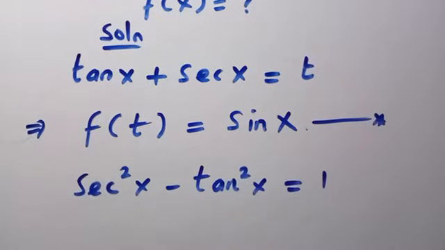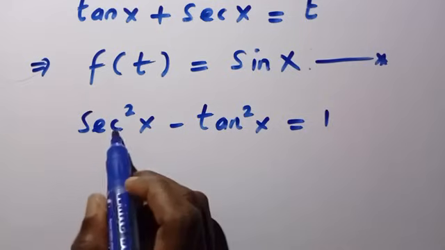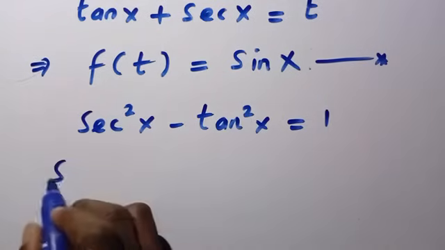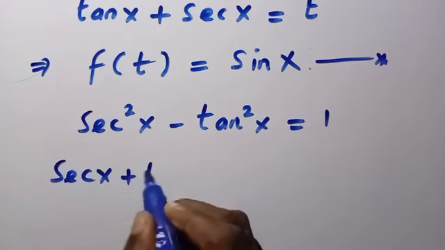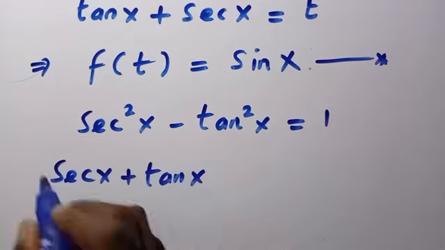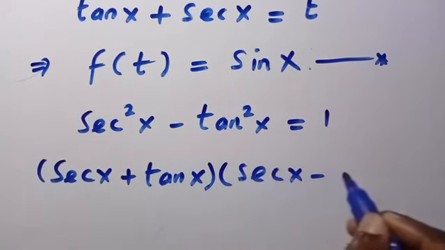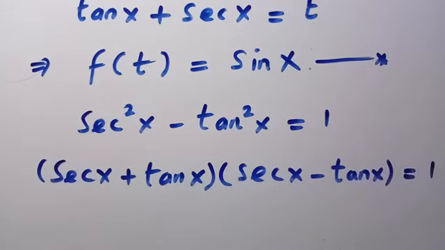From this identity, the difference of two squares, sec square x minus tan square x, is the same thing as sec x plus tan x multiplied by sec x minus tan x, and this equals 1. But sec x plus tan x equals t.